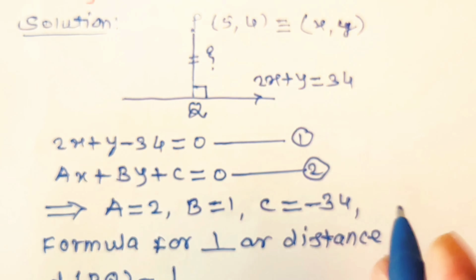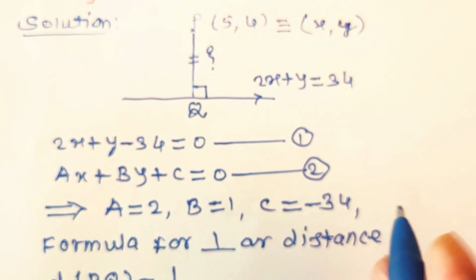Now simplify this: 2 into 5 is 10, plus 1 into 4 is 4, and the last term -34, divided by square root of 2 square, which is 4, plus 1 square, which is 1. This is equal to, in modulus sign, 10 plus 4 is 14, minus 34 is -20, divided by square root of 4 plus 1, which is 5.